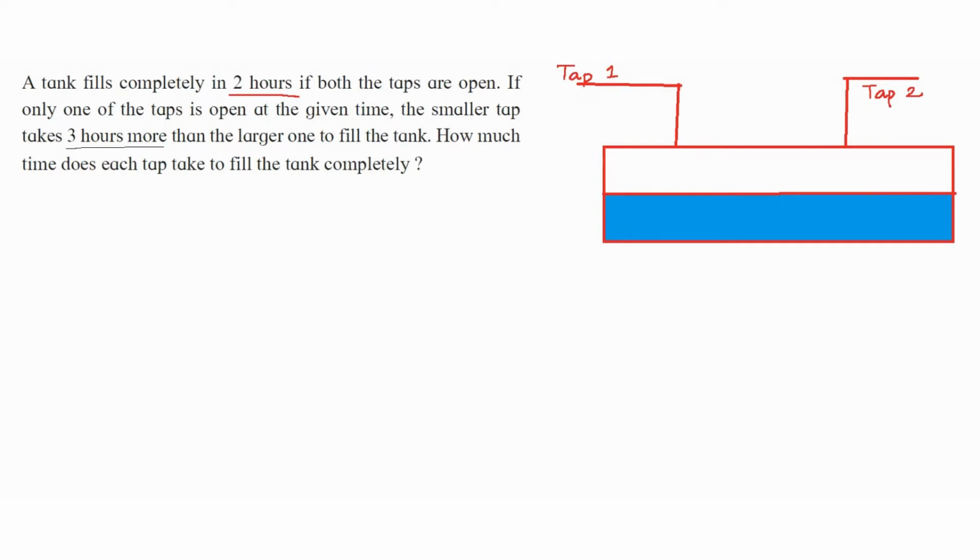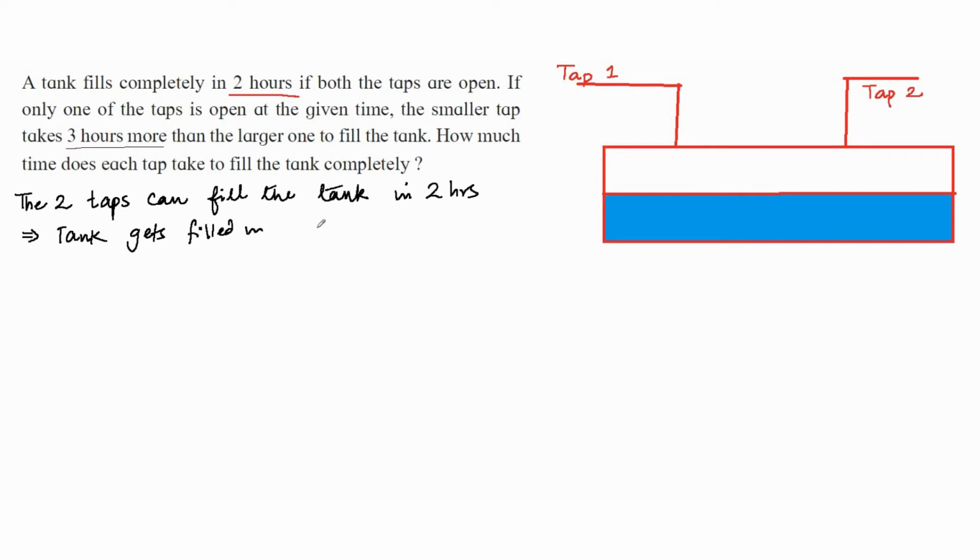So I can say that the two taps can fill the tank in 2 hours, which means the tank that gets filled in 1 hour is going to basically be half of the tank, right? So this first half that I've shaded got filled in the first hour, and the white portion will now get filled in the second hour.